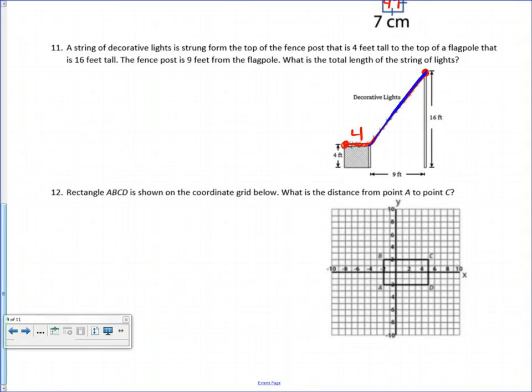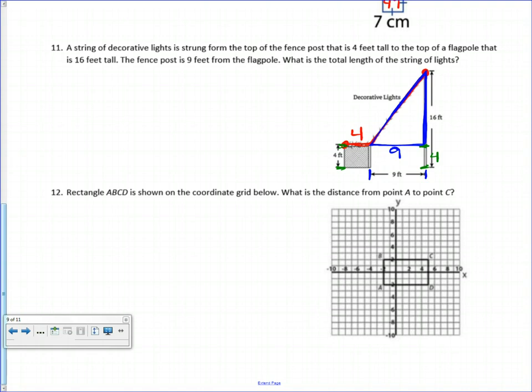To do that, I'm going to draw a right triangle. If I look here, it says it's 9 feet. So I know the base of my triangle is 9. This section of my flagpole is 4 feet if I look over at my picture on the side.